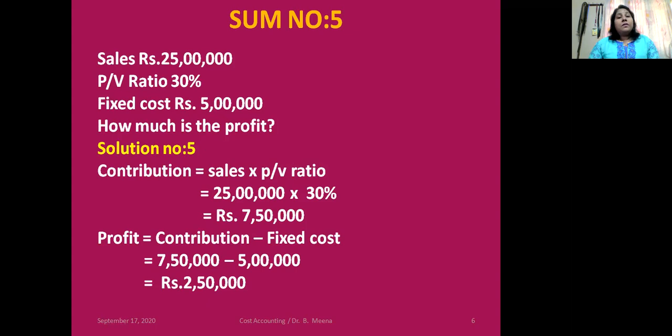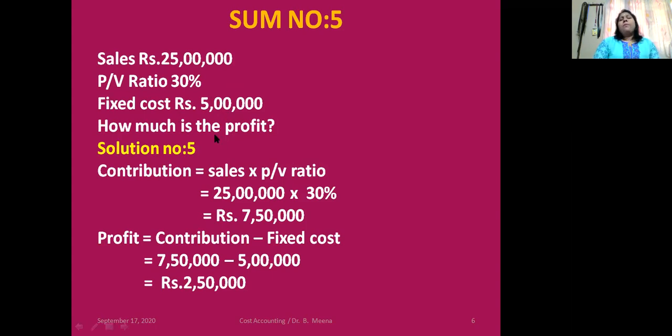You will have a loss when contribution is lesser than your fixed cost, when contribution is unable to cover the fixed cost. Only then will we have a loss. So have this marginal cost statement, look at the information available and what the question is, then based on that, decide how to proceed with the calculations.